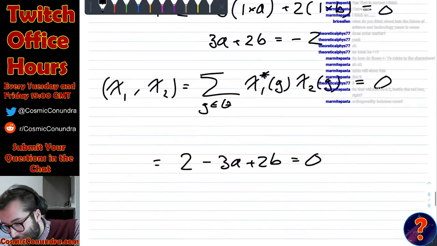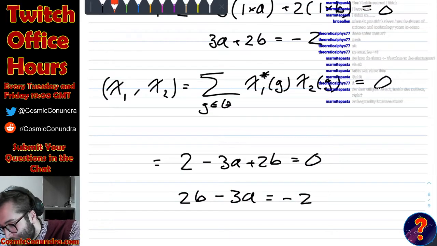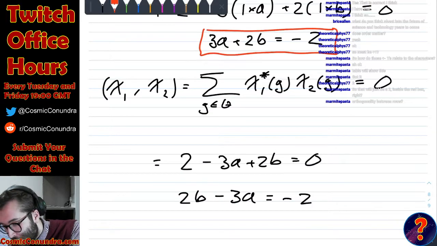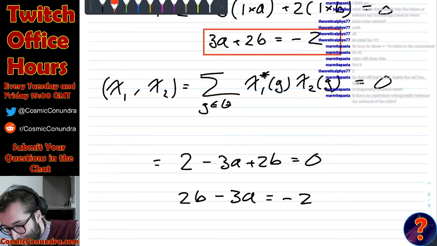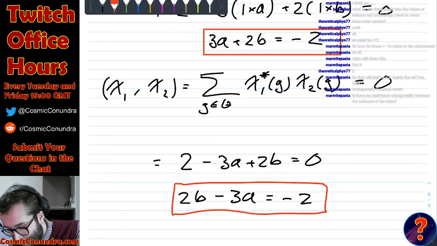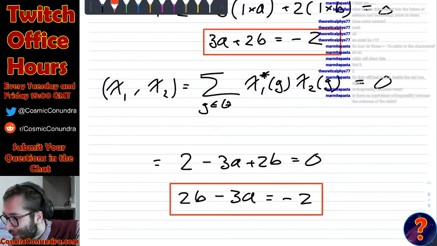Or in other words, 2B minus 3A equals minus 2. So we have two simultaneous equations that are pretty trivially solvable, and we can find A and B.